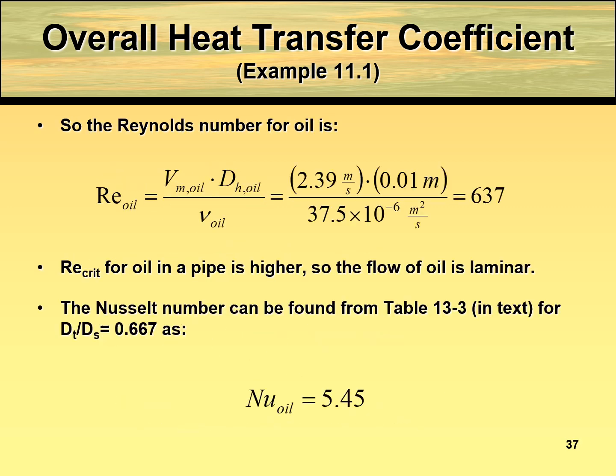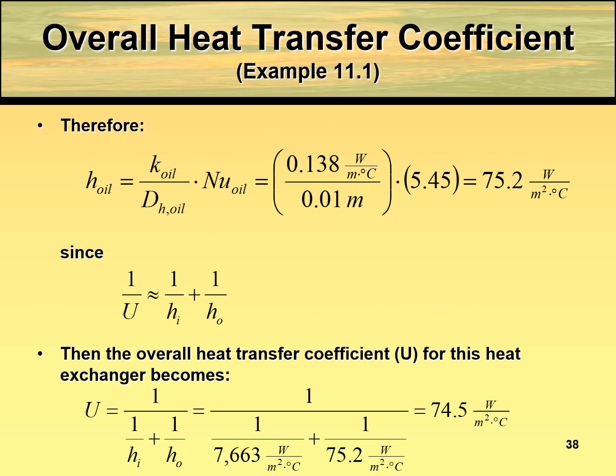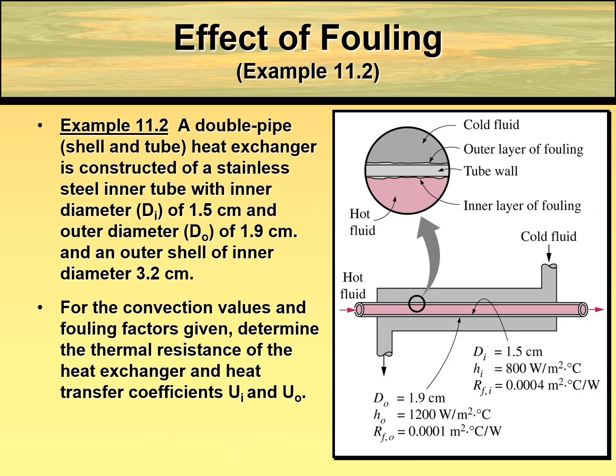And then this is the calculation for the internal convection for the laminar flow. And this is the effect of the fouling, so you can go through the guided tutorial here.